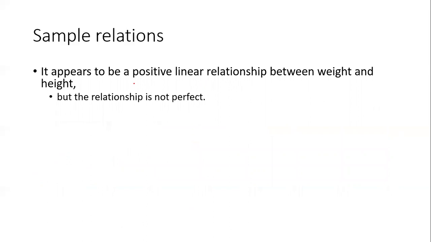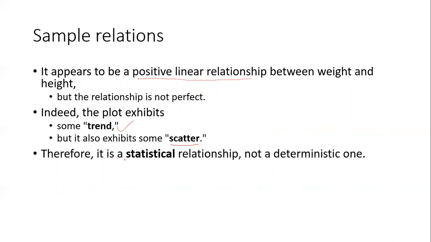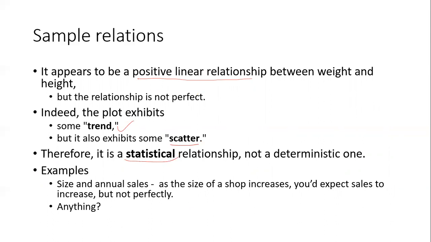There's a positive linear relationship between them, but the relationship is not perfect. In fact, the plot exhibits some trend. It just goes up, and there's some scatter in the data. Therefore, this is what we call a statistical relationship. That's not deterministic.